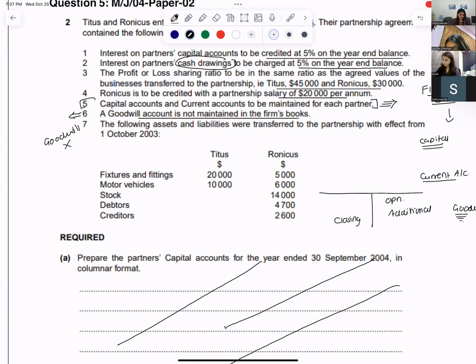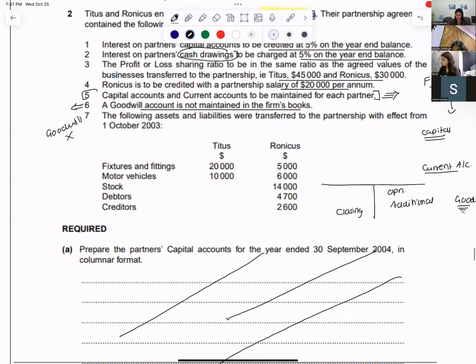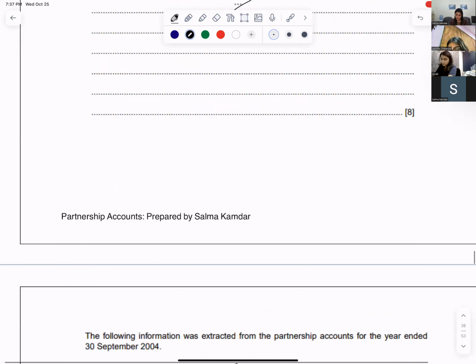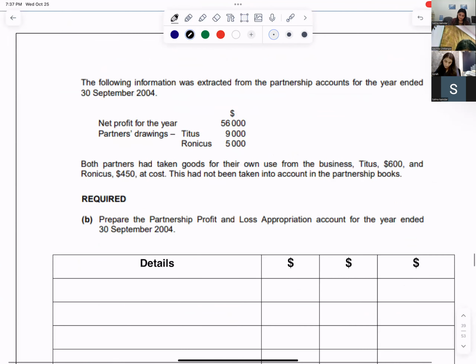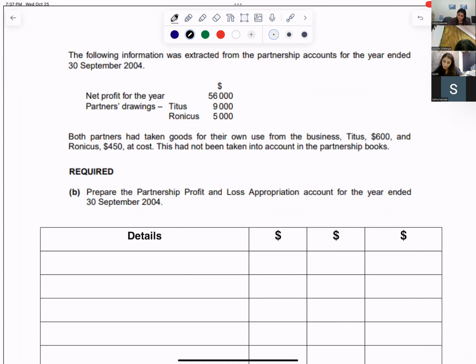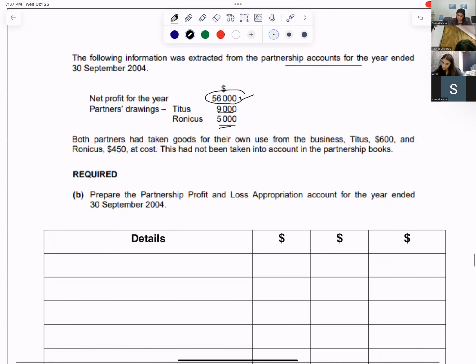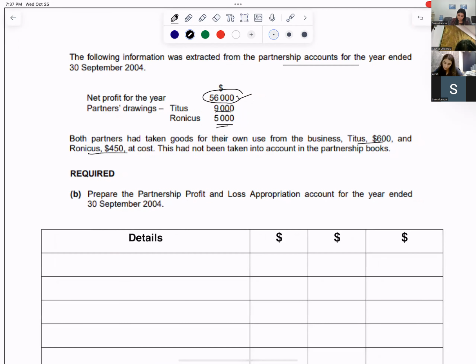The following information was extracted from the partnership accounts for the year ended 30th September 2004. Net profit for the year 56,000. Partners' drawings: both partners had taken goods for their own use from the business, Titus $600 and Ronicus $450, at cost. This had not been taken into account in the partnership's books.